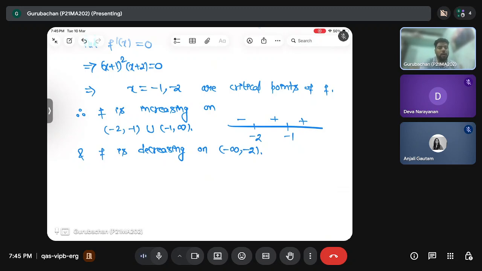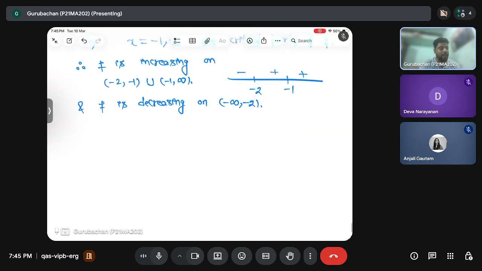Now how to apply this first derivative test? First derivative says that if your function is increasing and then decreasing, then the point is local maxima. Like this. Suppose this is your function. If your function is increasing, that is derivative is positive, and somewhere it is 0, then decreasing.